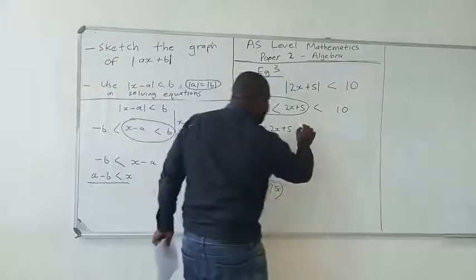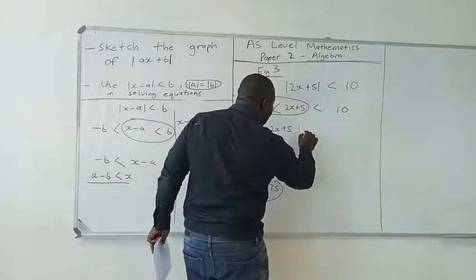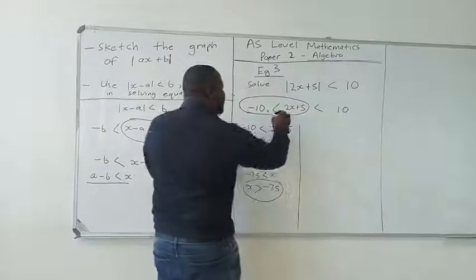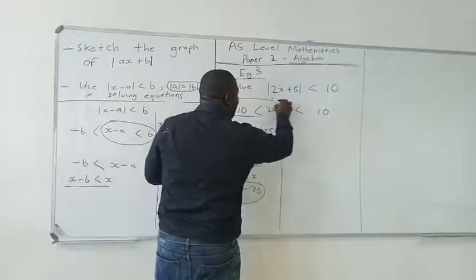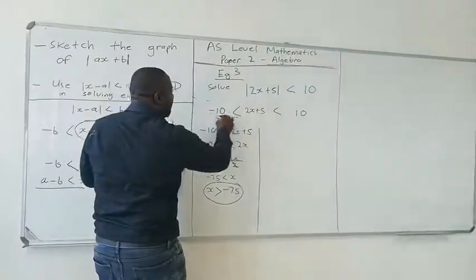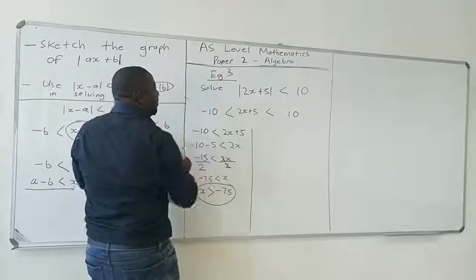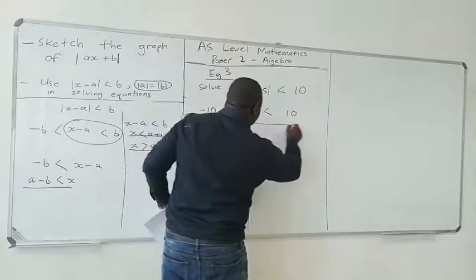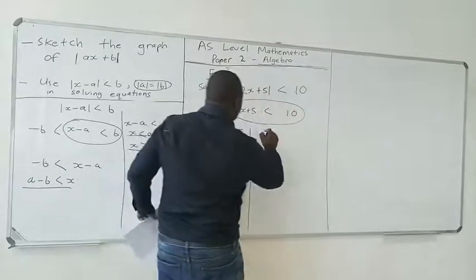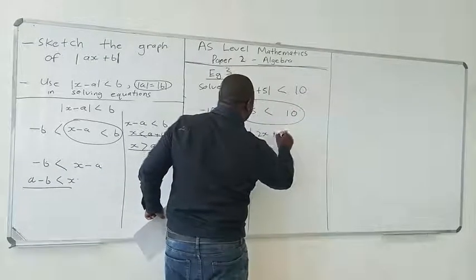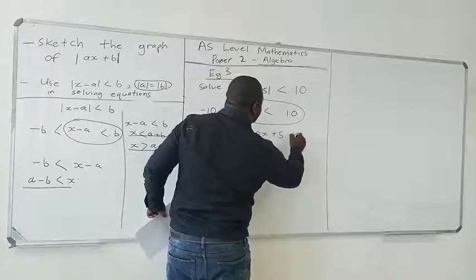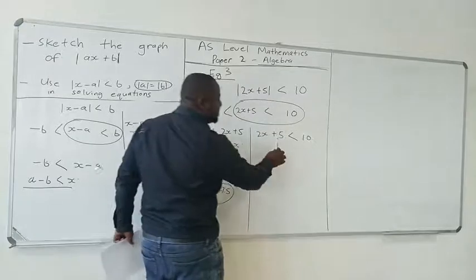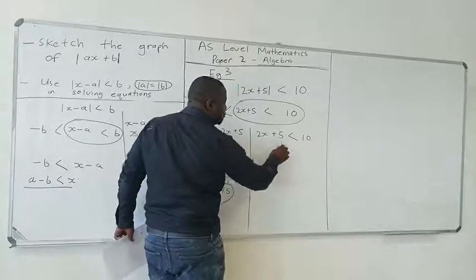Right. And then we look at the second half of the inequality, which is this side. 2x plus 5 is less than 10. We do the same thing. We take this 5 to the other side.